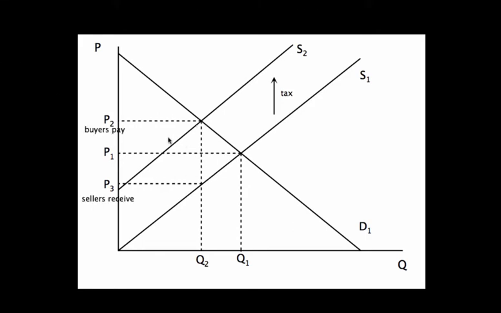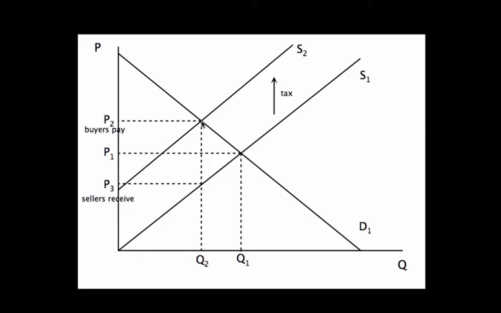Here I labeled some of these prices, because the new price is P2. Buyers are paying P2, sellers are initially receiving P2, but remember they pay the tax, so they're really receiving P2 minus the tax, which is down here. That's why I label these as after-tax effects. So the sellers are receiving P3. Buyers are now paying just the new equilibrium price.